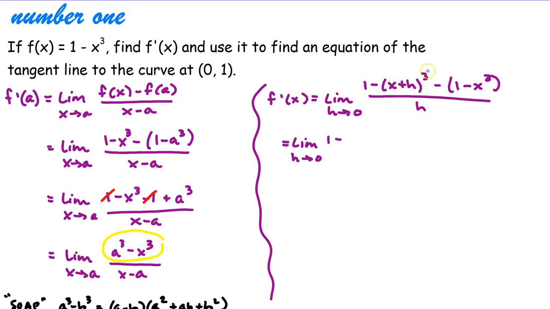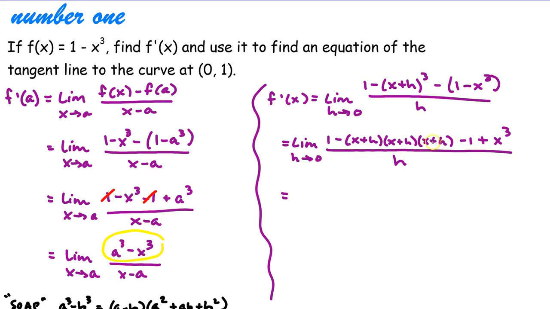Remember that x plus h cubed means x plus h times x plus h times x plus h. You don't just distribute the 3. And then here I'm going to distribute the minus sign, so minus 1 plus x cubed all over h. So we're going to multiply this whole thing out, the x plus h times x plus h, and then what we get with that we multiply by x plus h.